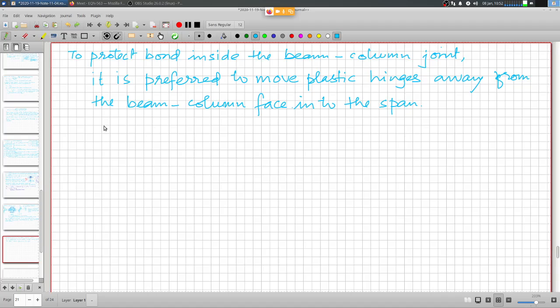And then we move the plastic hinges away from the beam column face, and that will prevent the inelastic yield deformation extending into the joint region, and that will save the joint.